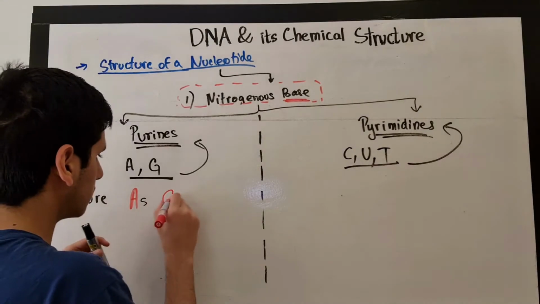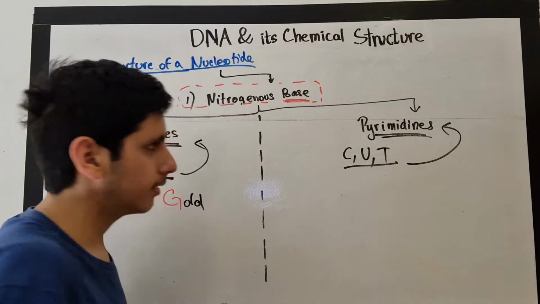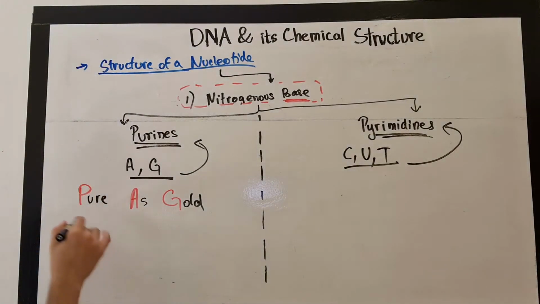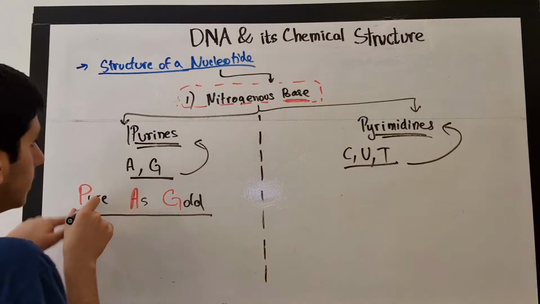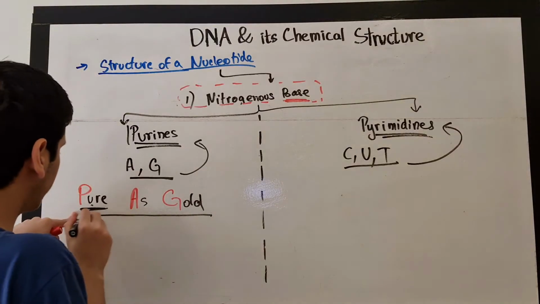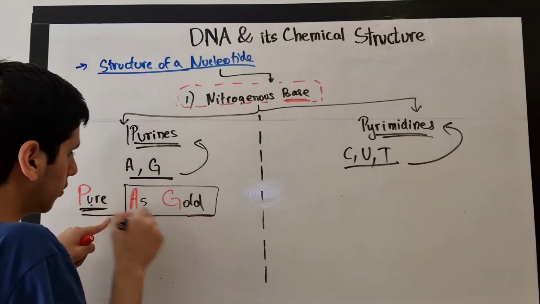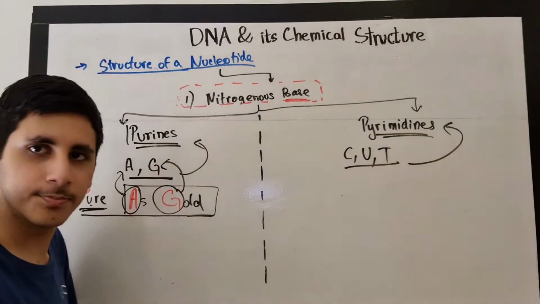This is a mnemonic that's widely used everywhere. Because purines start with P, it's very similar to pure, and as gold, A for adenine and G for guanine.